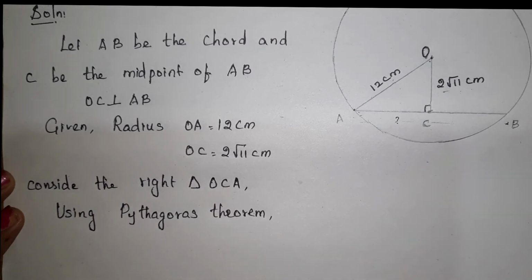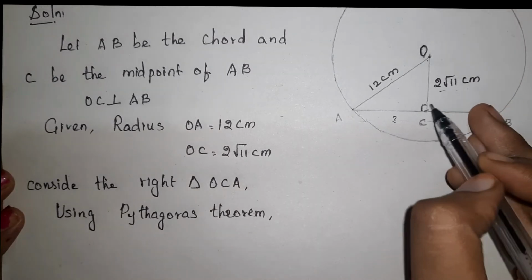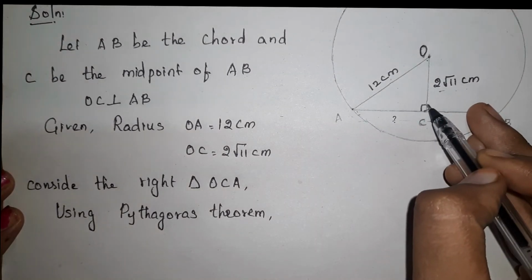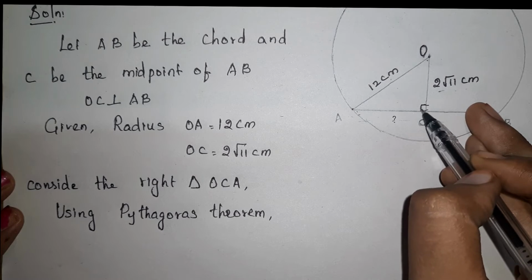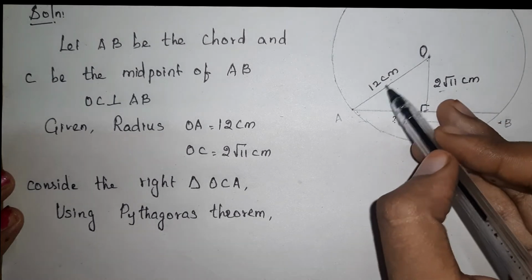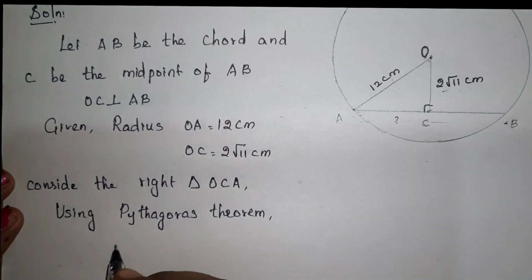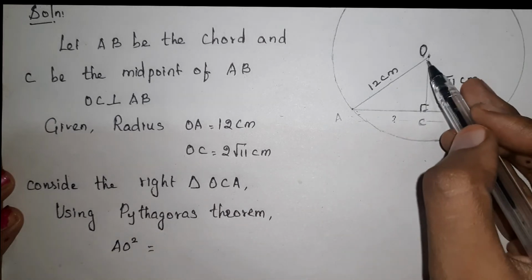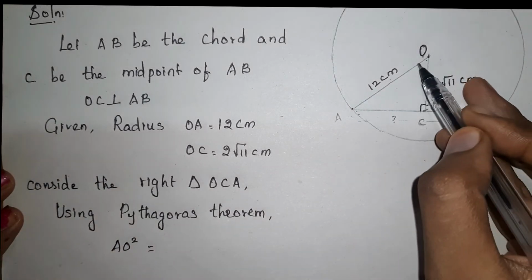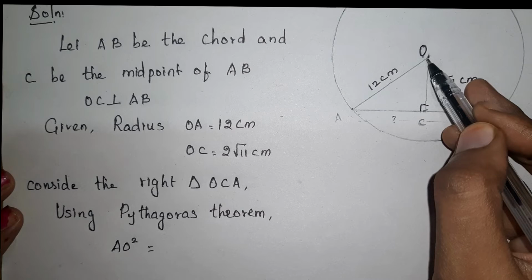So what is the Pythagoras theorem? Hypotenuse means the opposite side of the right angle. So hypotenuse square, I can write as AO square, because it is the greatest side, the lengthy side of the right angle triangle.